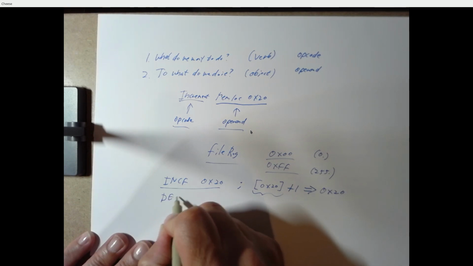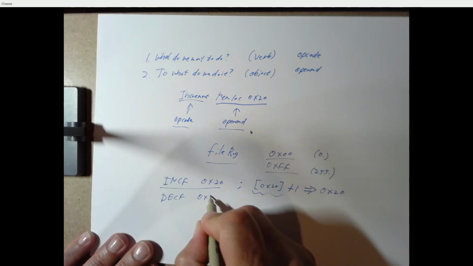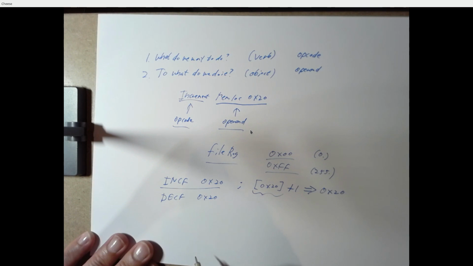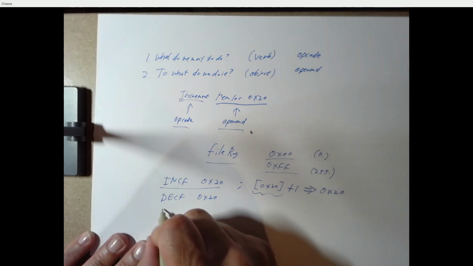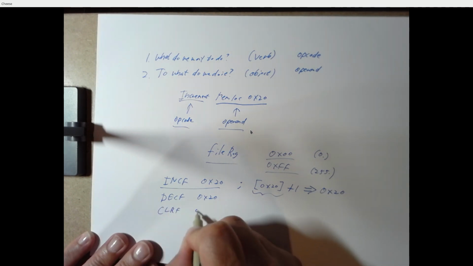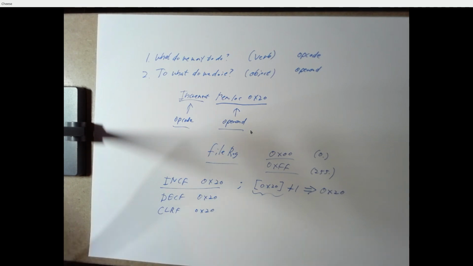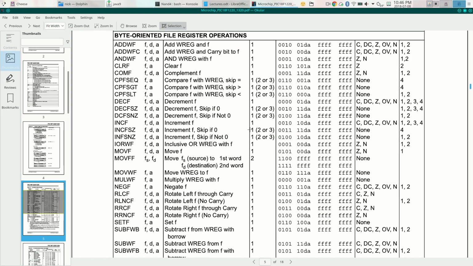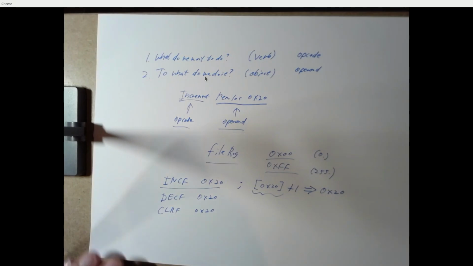If we wanted to subtract 1, we could say decrement file x20. We could say clear file register x20. And all these instructions you can find in this table. DECF, that's a decrement. CLRF, that's a clear. COMF, that's a complement. In other words, change all the 1s to 0s and the 0s to 1s. So these are all valid assembly language instructions.